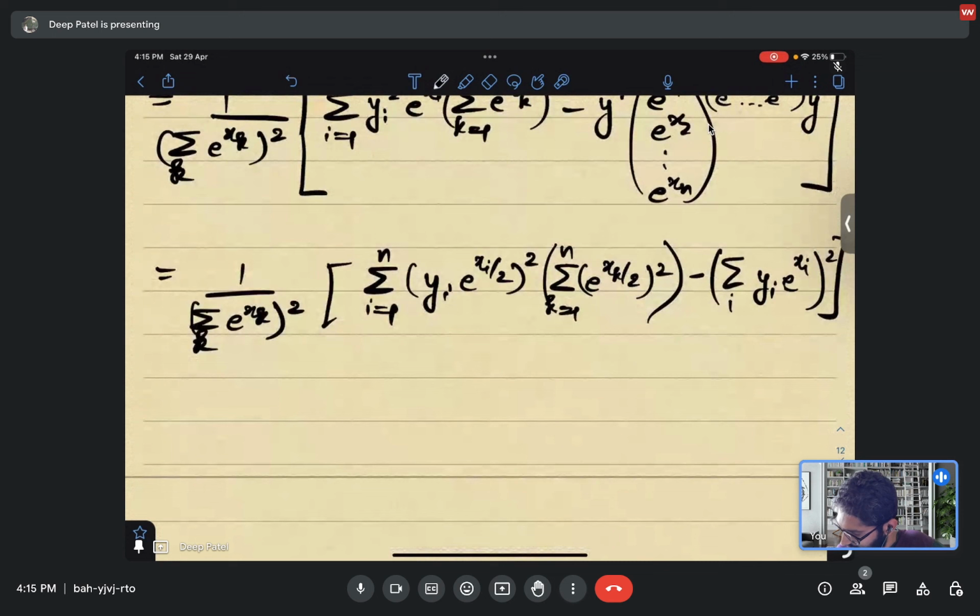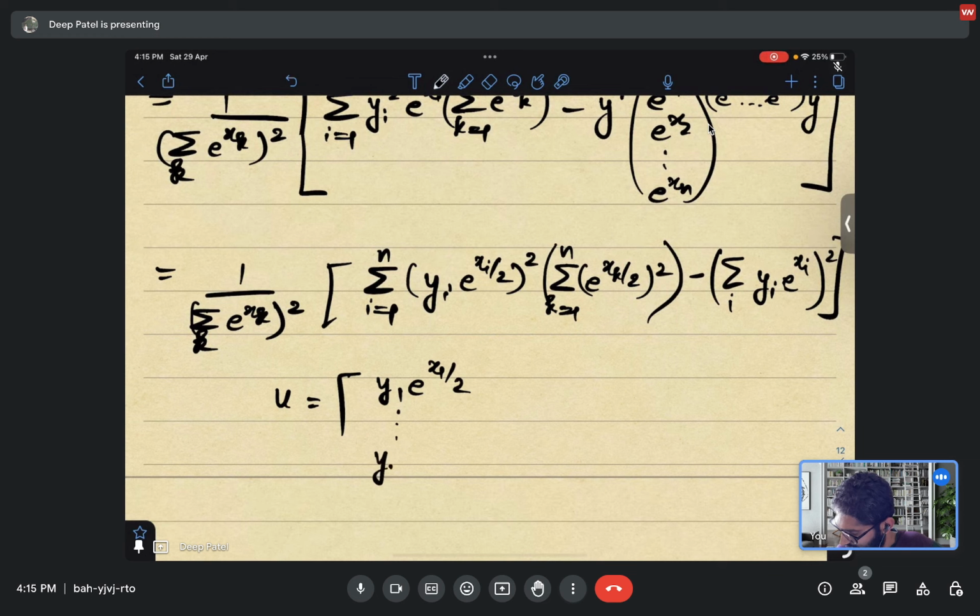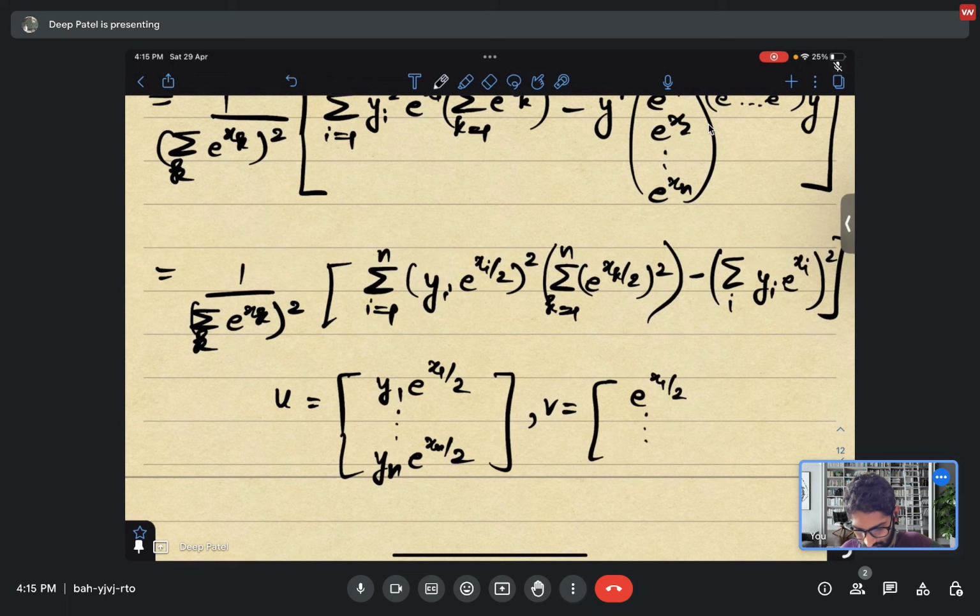So let me write a vector u, which is nothing but y1 e to the x1 by 2, ... yn e to the xn by 2, and v as e to the x1 by 2, ... e to the xn by 2.